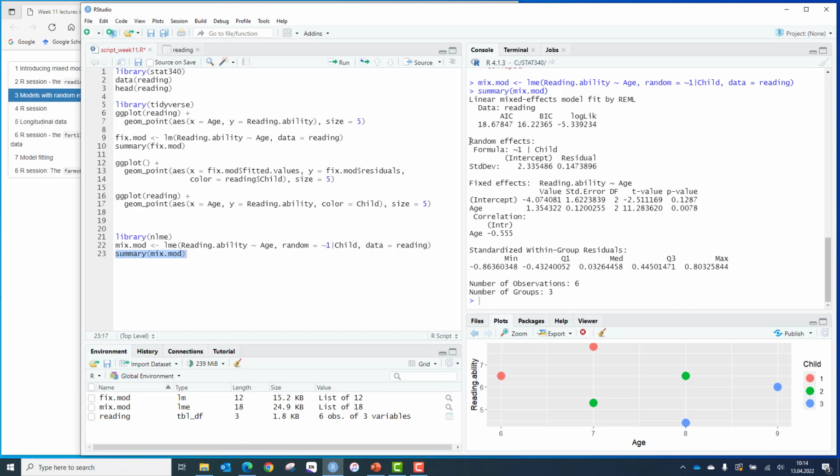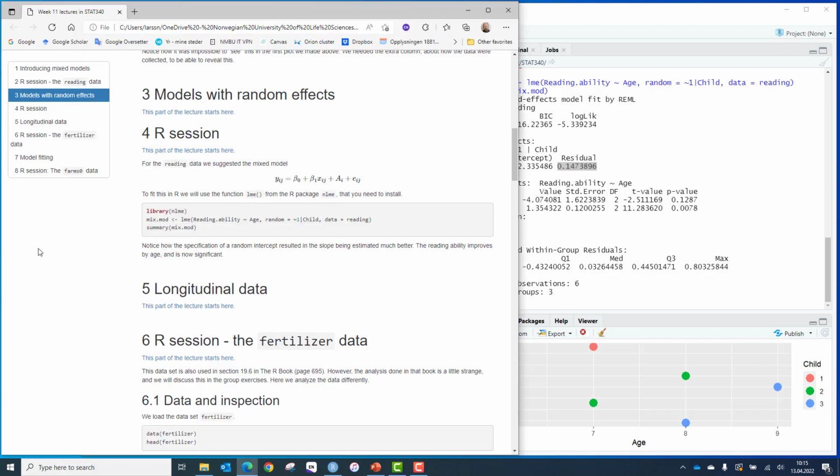Here are the random effects now. First it says just the formula we used, and here come the standard deviations. These are the standard deviations, right? So this is the sigma A hat, the estimate of it, and this is the sigma E from our formula.